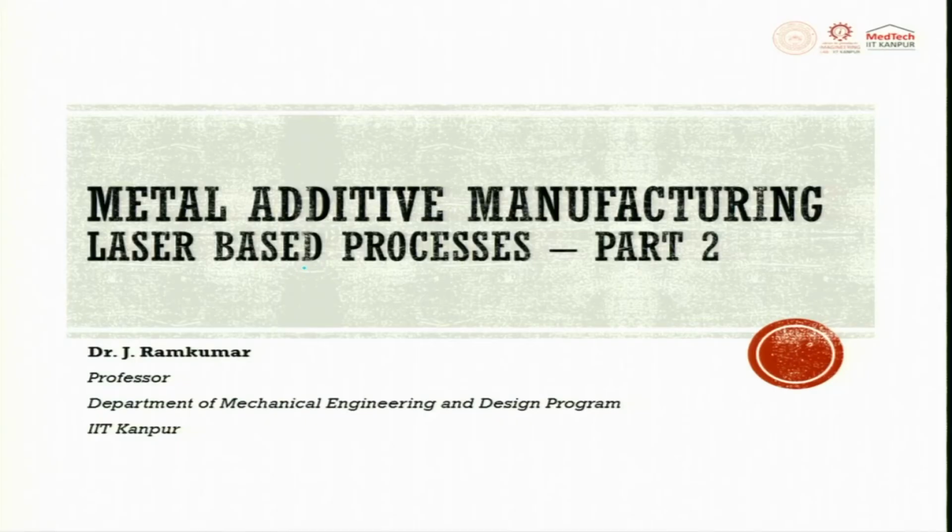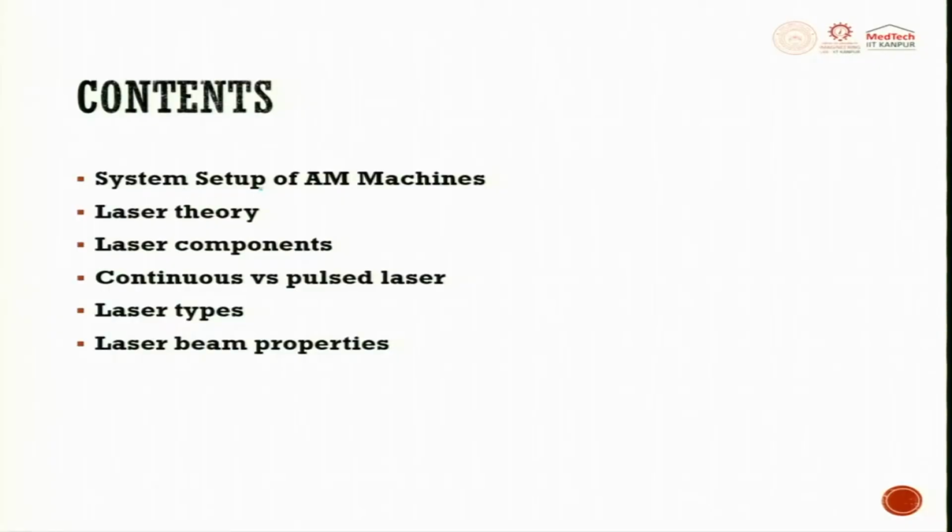Welcome to the next lecture on laser based process part 2. In the previous lecture, we have been discussing system setup of AM machine. We saw a little bit of fundamentals of laser theory, then laser components, continuous laser and pulse laser.